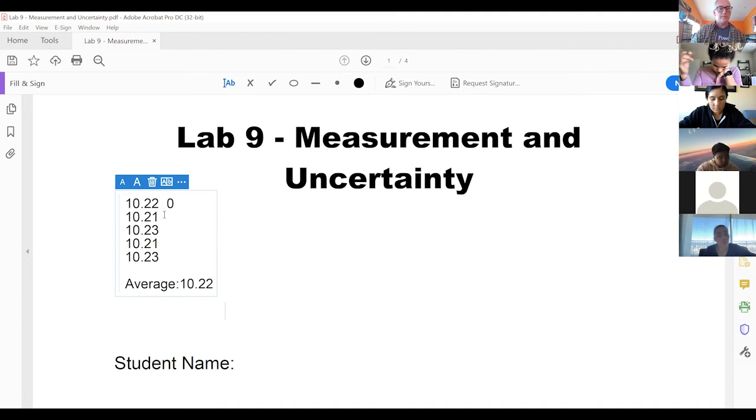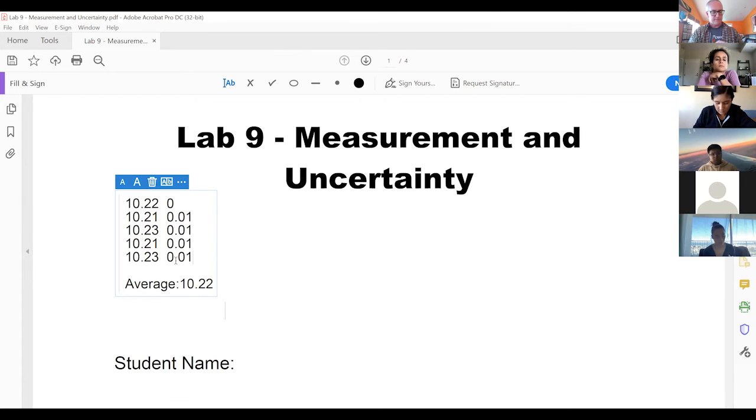For the second one, it's 0.01. Third one, it's 0.01 also. Third one, 0.01 as well. And the last one is also 0.01.